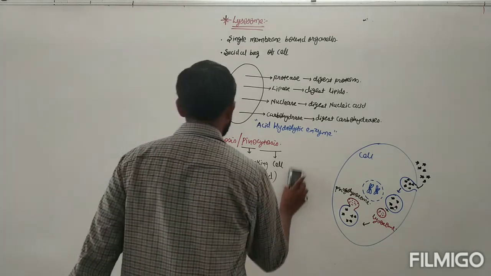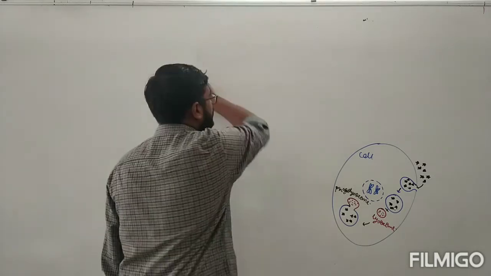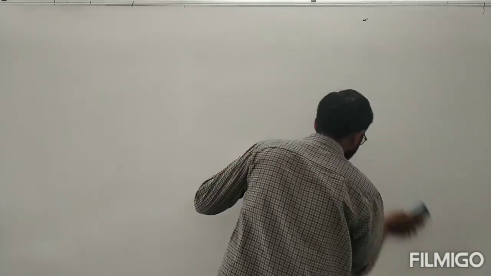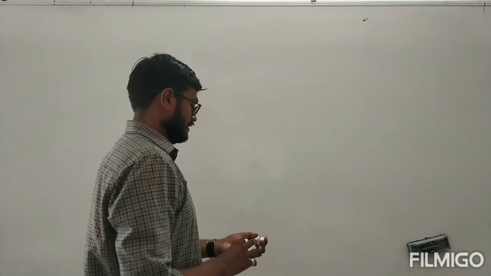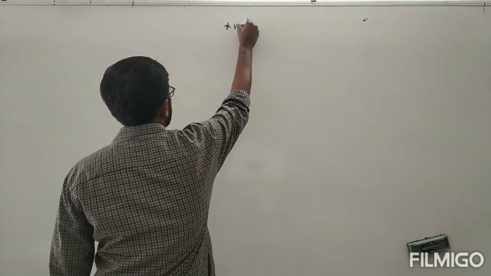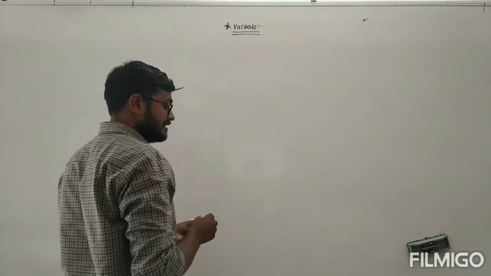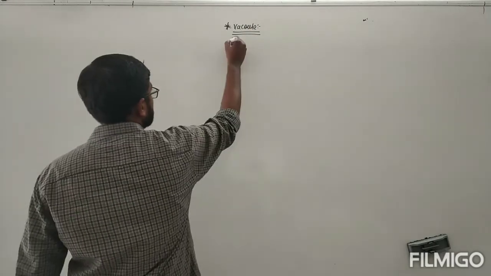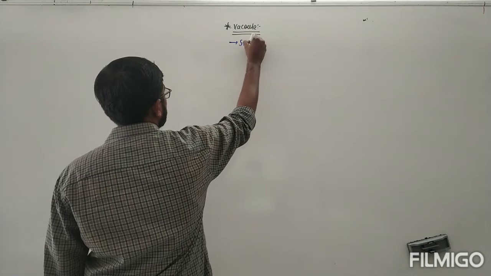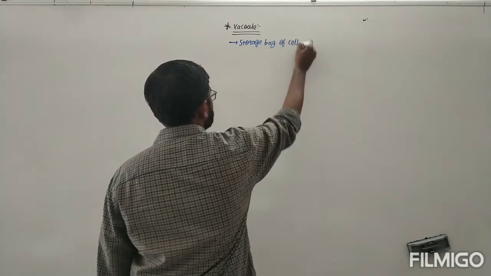Okay, dear students, let's move forward to another organelle. The next organelle is termed a vacuole. A vacuole is a storage bag of the cell.